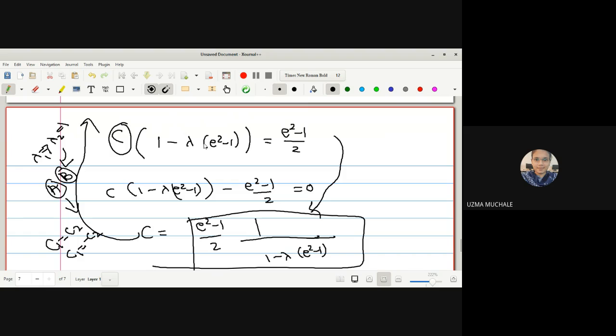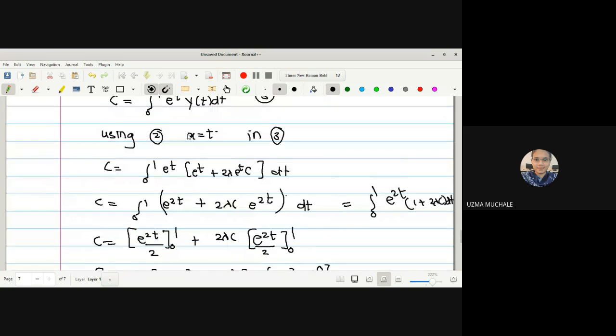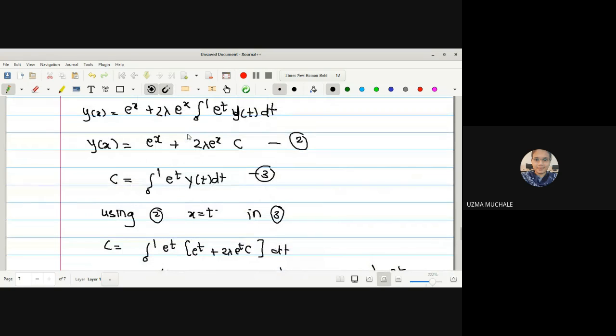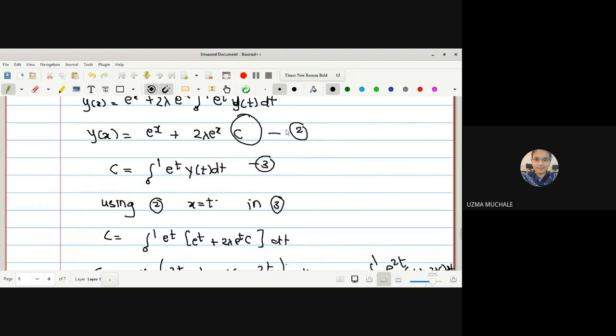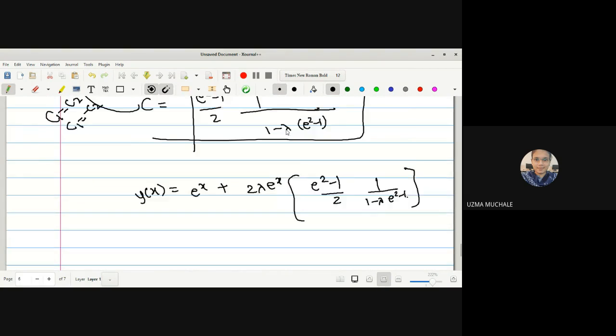Because in the last example we had two equations in two unknowns, so you can solve. But how are you going to get a value for lambda which is not in terms of C here? That is somewhat complicated. So what we have to do is find the value of C here, substitute it in equation 2, and hence you can say this is the solution.